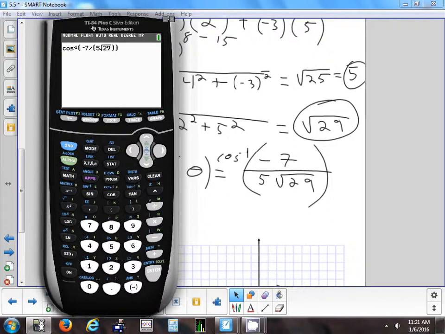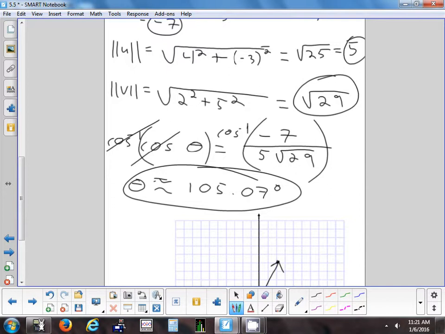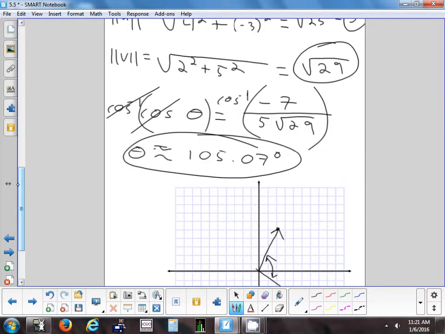Right, so -7 divided by 5 square root 29, and we got an angle of 105.07 degrees. It's about what we thought. Okay, so that's the angle between those two vectors. Any questions on that?